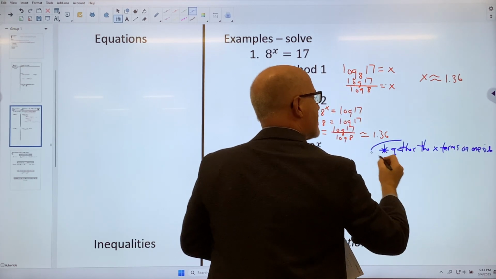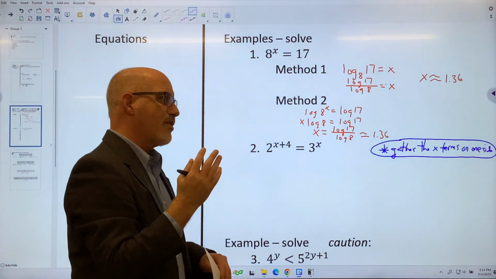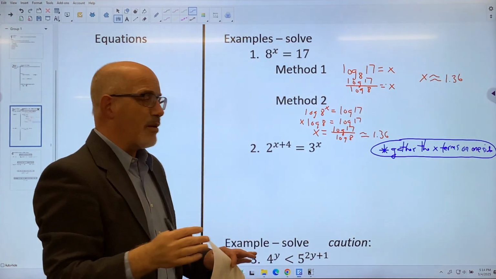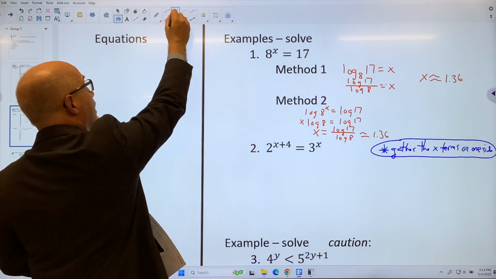This idea is going to be an important one. You're going to gather the x terms on one side of the equation. You'll see when that step comes, but remember that's the thing we're targeting here.